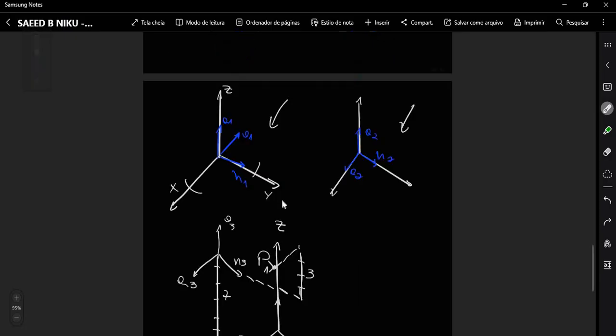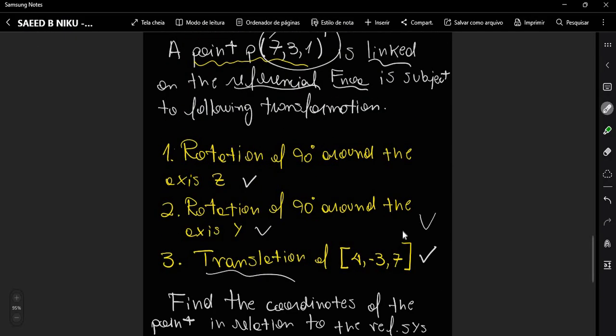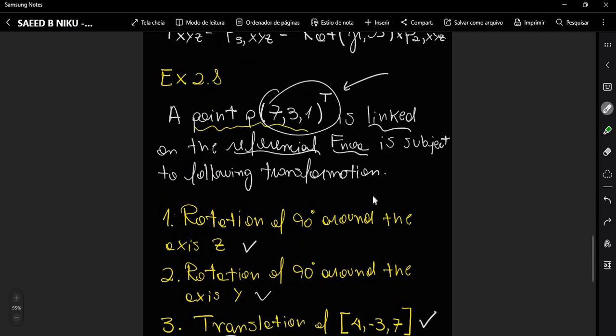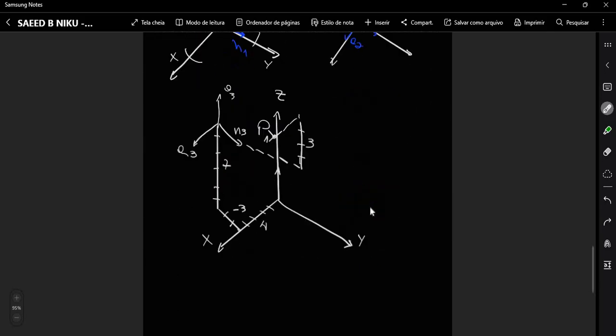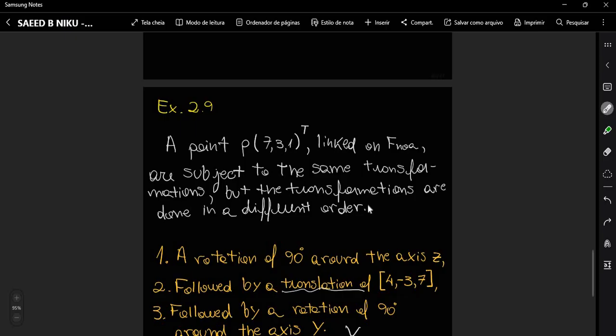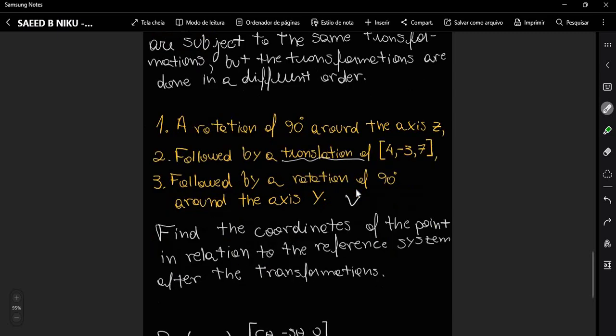And just by changing the order of the transformations, the scenario changes completely. And the example 2.8 and 2.9 is to give us this sense of how a transformation can affect the position and orientation of a point and a rigid body.